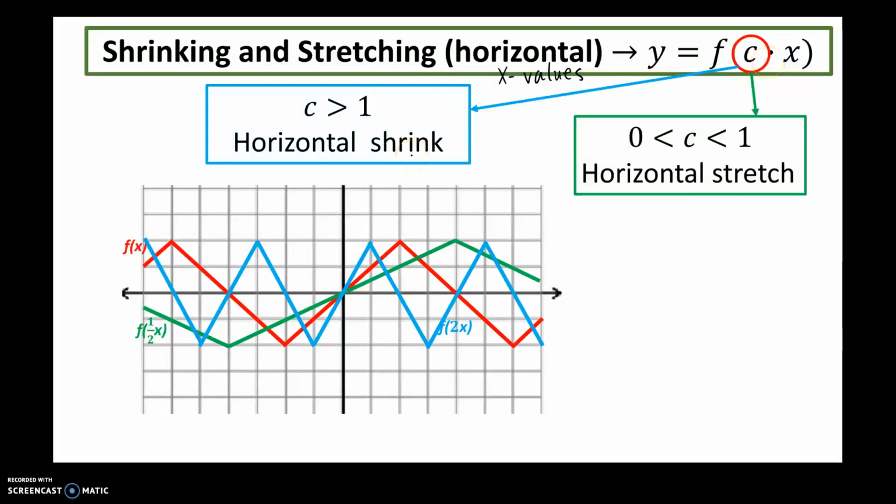So it's going to condense it horizontally on the x-axis. If my multiplier is a fraction between 0 and 1, it's actually going to make it a wider graph horizontally. So again, please get a colored pencil, highlighter, whatever, and make sure you're matching. Notice that the blue is the shrink, the blue graph on the original.